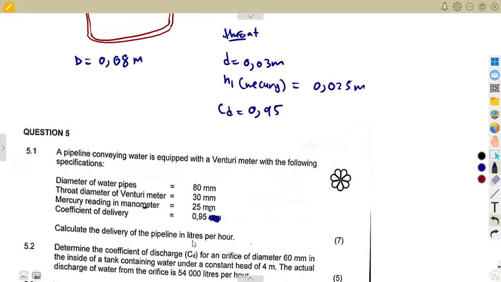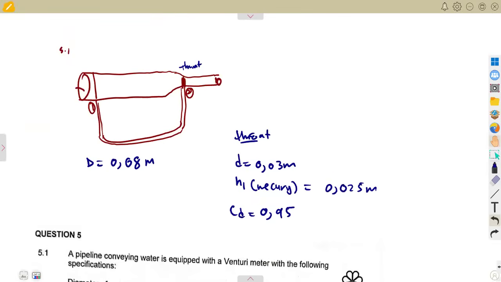Take note, they want this in liters per hour. The delivery that we calculate, which is our Q from our formula, is supposed to be in cubic meters per second. So they need the delivery not in cubic meters per second, but in liters per hour. So there are two things to be converted: cubic meters to liters, and also seconds to hours.